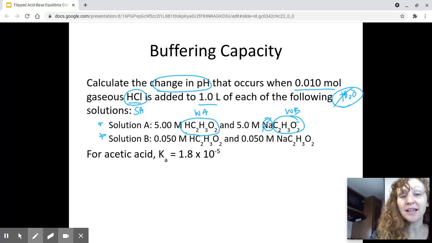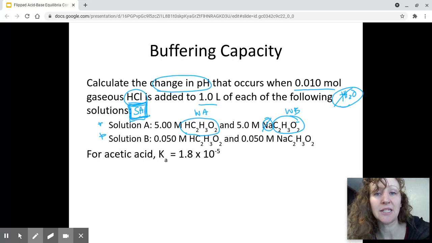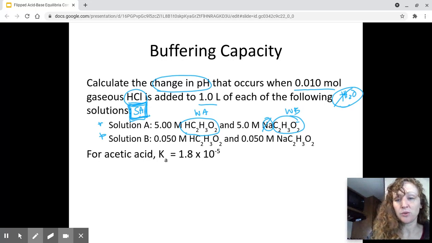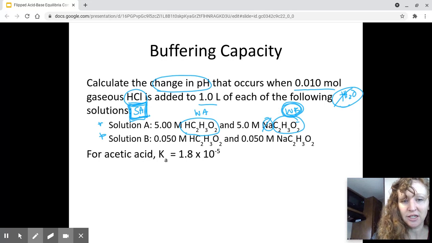Well, our strong acid drives the reaction. Anytime you have a strong something present, it's going to be your driving force. What is the strong acid going to react with? It's going to react with our weak base. So our reaction is going to be HCl. Now you can write HCl or you can just write H+.